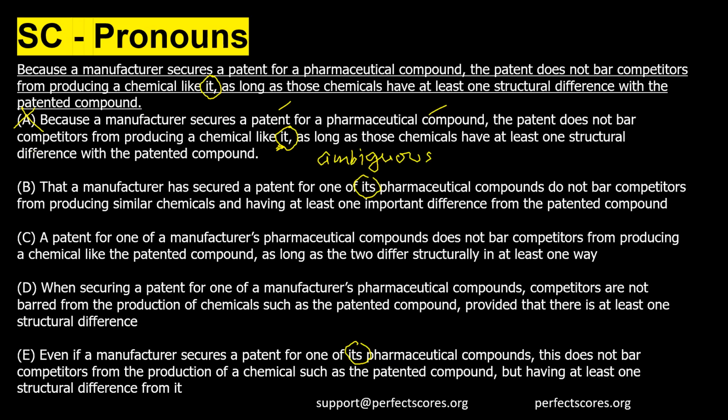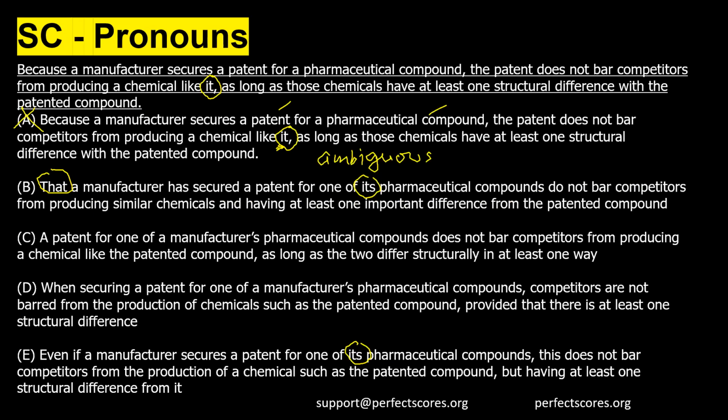In option B, that a manufacturer has secured. Usually you do not begin with that. That's not a very strict rule, but that's just not proper word choice. But we'll still read the remaining sentence. That a manufacturer has secured a patent for one of its compounds.